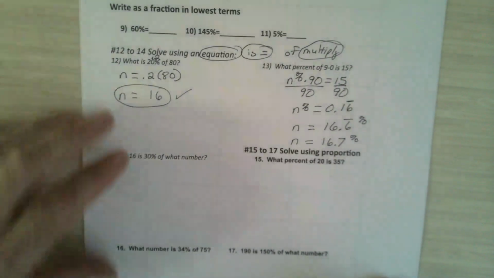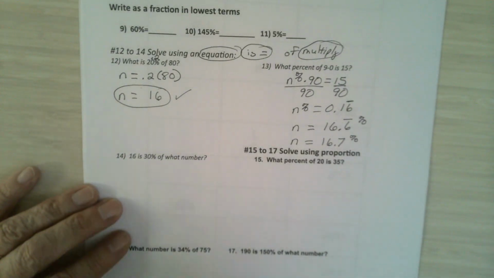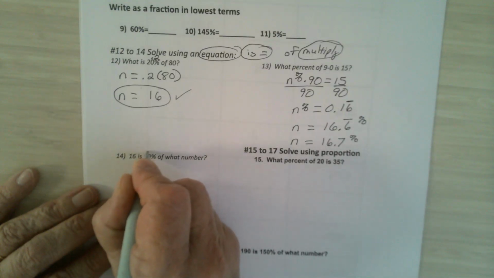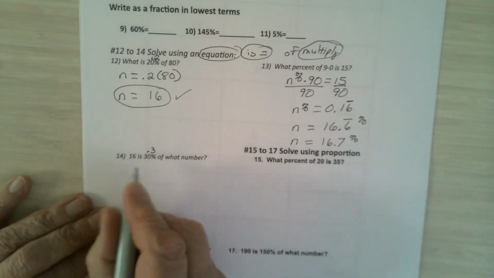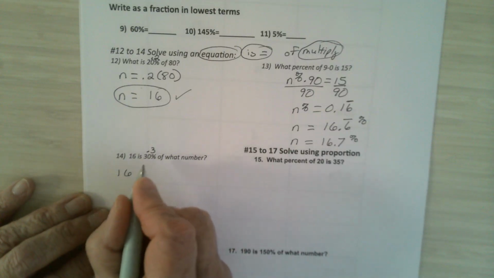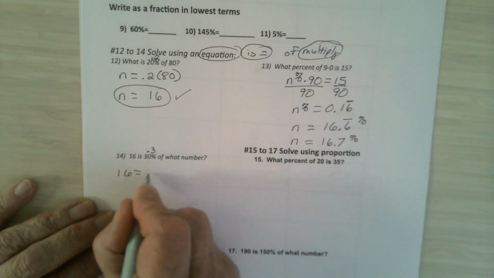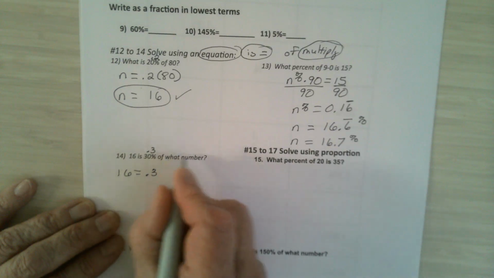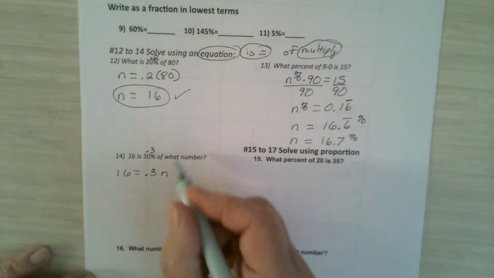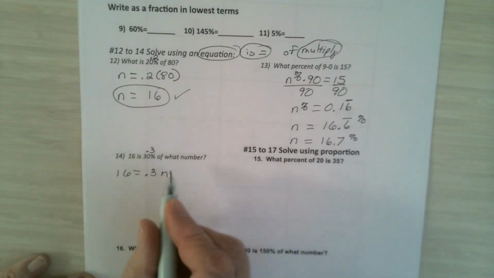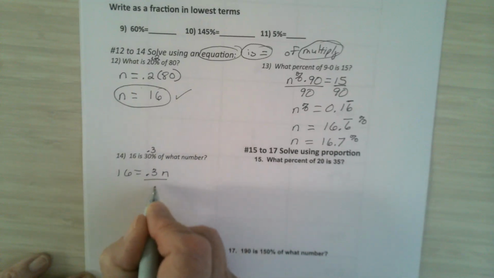Now let's go to the third equation one. 30%. Before I even do anything else, I change my percent to a decimal. 16 means equals 0.3 of means times what number? N. That's one problem. Now, this is the next one you get points for.